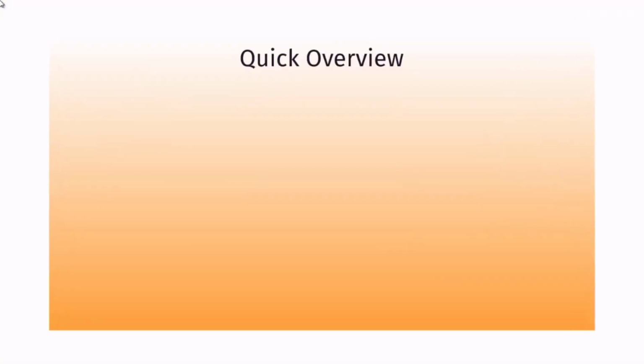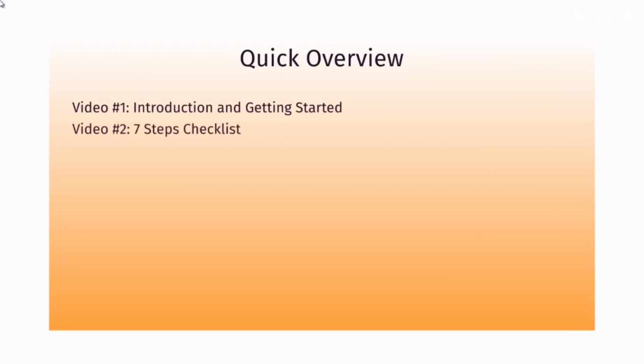Now what I want to do is give you a quick overview of the course itself. This is video number 1. Video number 2 is the 7 steps checklist. For videos 3, 4, 5, 6, 7, and 8, we're going to dive deeper into those 7 steps.